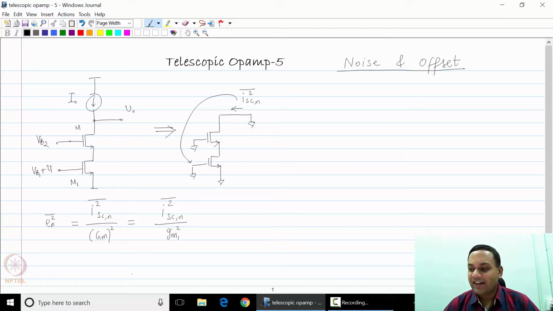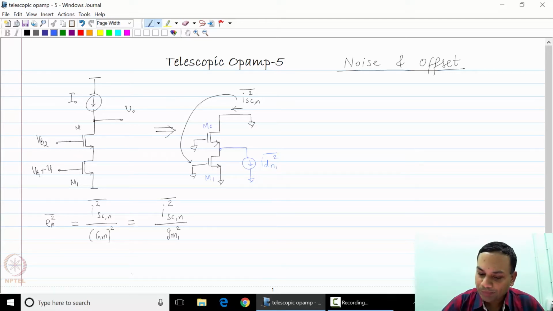Now, let us take the noise from each transistor and look at how much of it flows through the output. We will first start off with the noise from M1. The noise from M1 is IDN1 squared, and this noise splits between transistors M1 and M2.